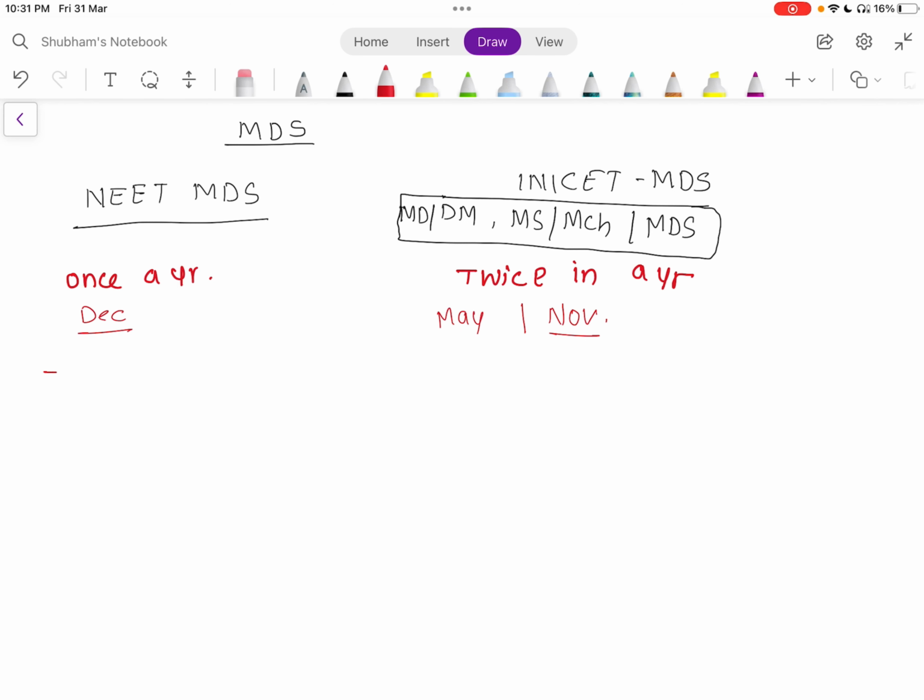In NEET MDS, you will have 240 questions. In INICET, you will have 200 questions. In NEET MDS you have 4 marks for one correct answer and 1 mark for negative marking.